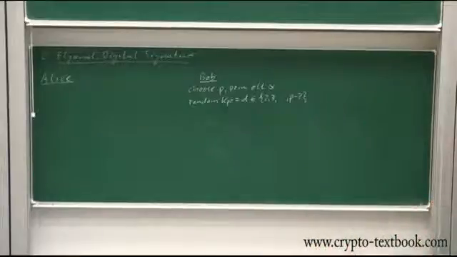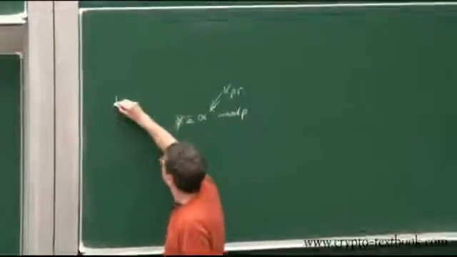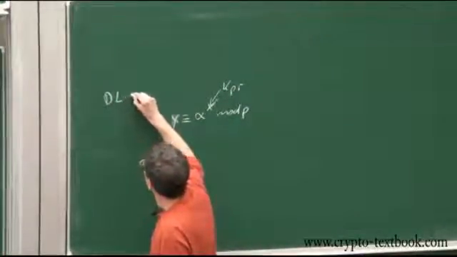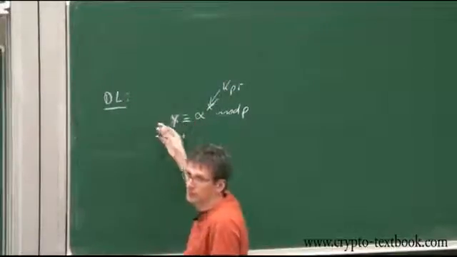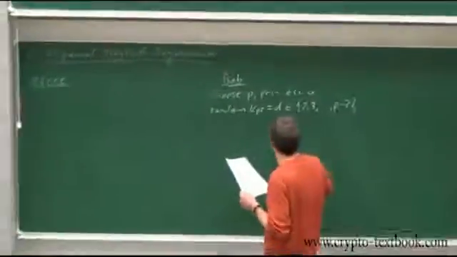So if this is a private key, the private key always shows up, we just call that DL. So this is how the DL problem looks, right? The private key always goes in the exponent.